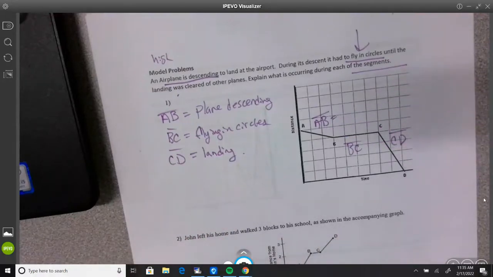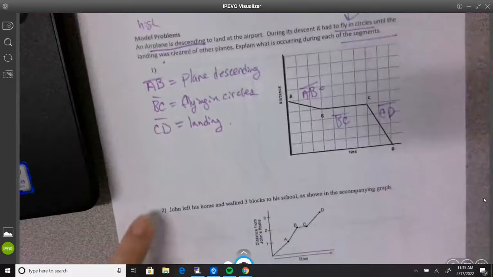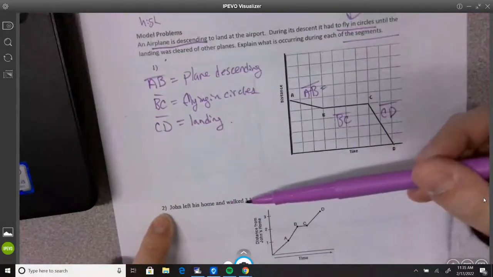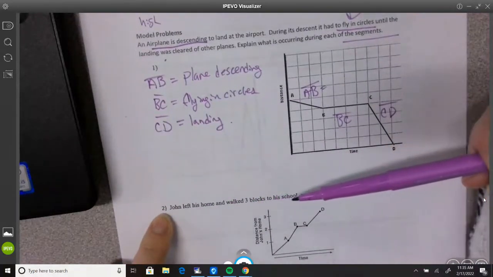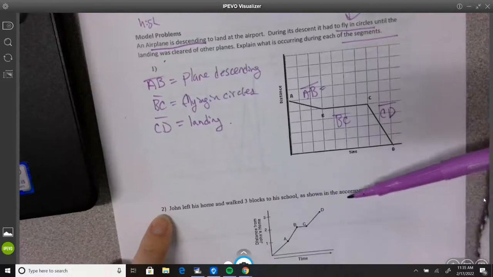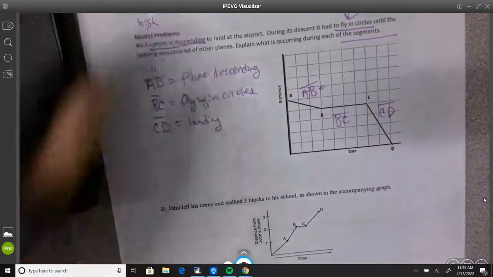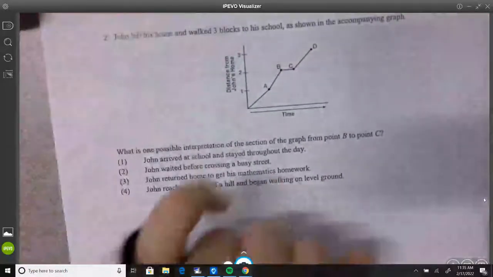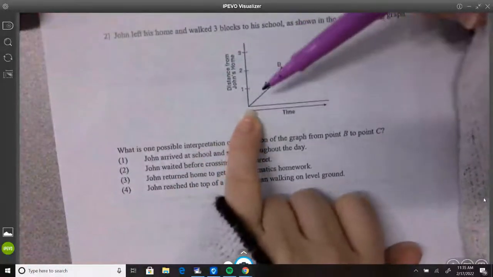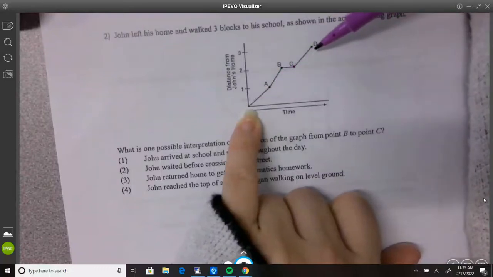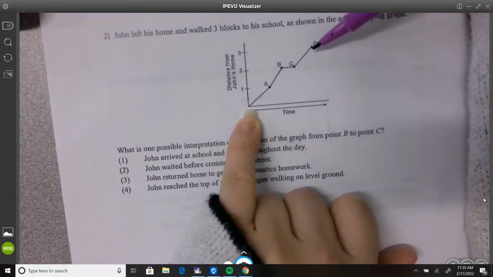So for number 2, John left his home and walked 3 blocks to his school, as shown in the accompanying graph. So that means John started at home and he ended up at school.